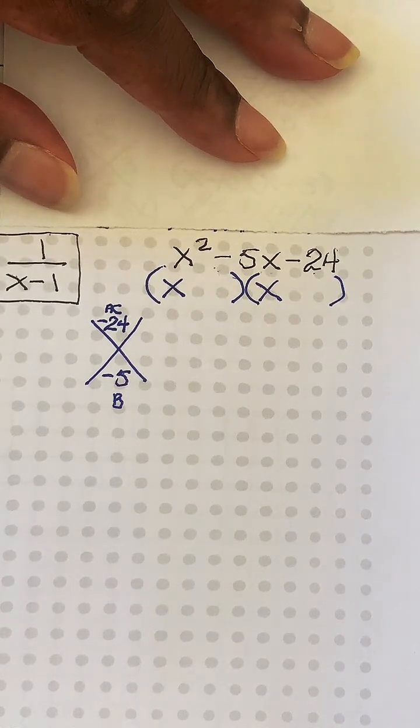I'm saying negative 8 and 3. If you're going to do factoring, trust me, keep with the pattern, especially when the A is not equal to 1.